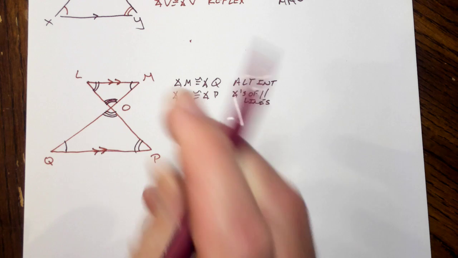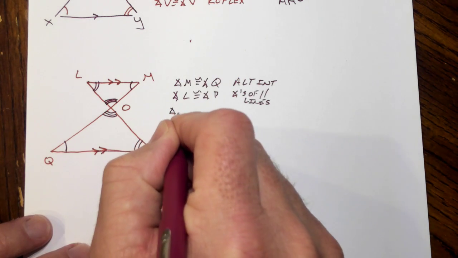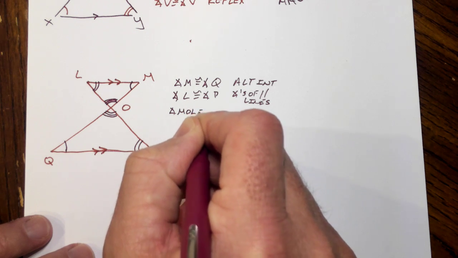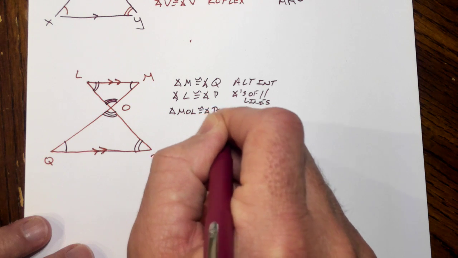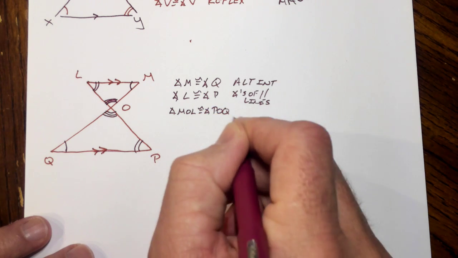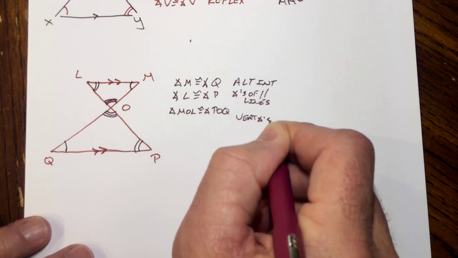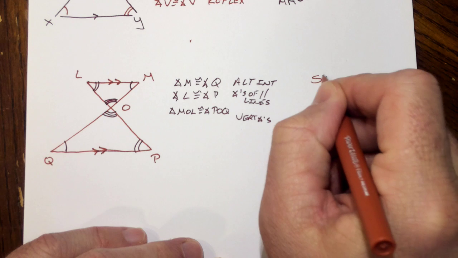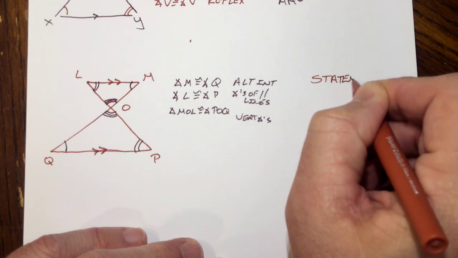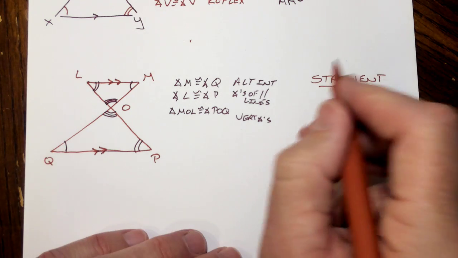I can't call it angle O. There are 4 angles there, but I can say angle MOL is congruent to angle POQ. Reason: they're vertical angles. So again, we're up to making a similarity statement.